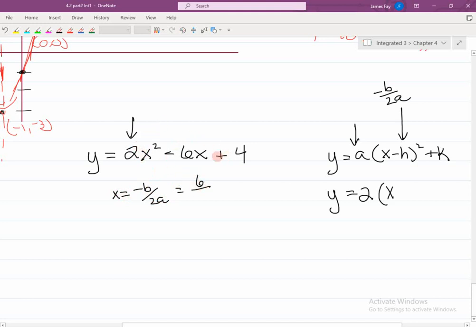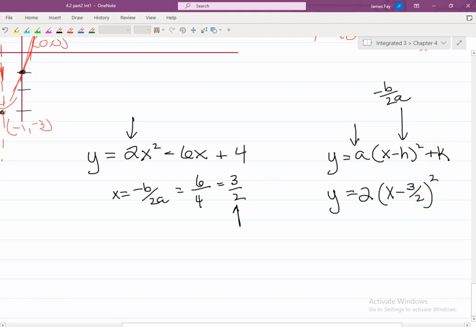Over 2a would be 4. So we get 3 over 2. That's the x coordinate of my vertex. So I go x minus that number, and I'll square it.